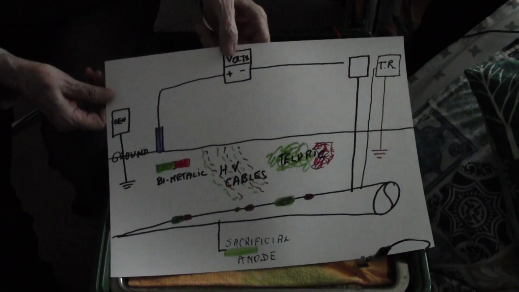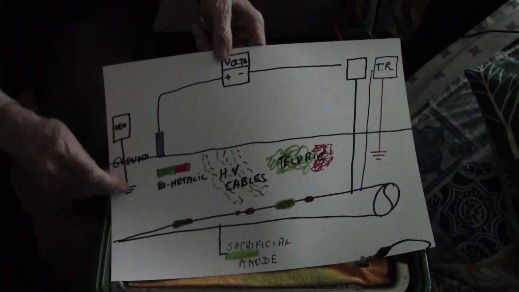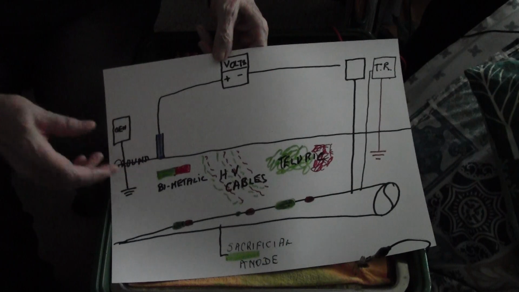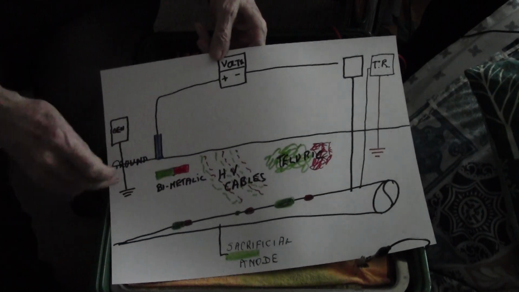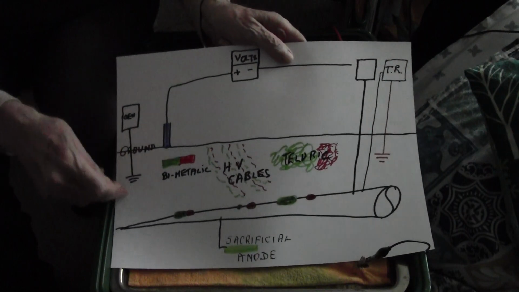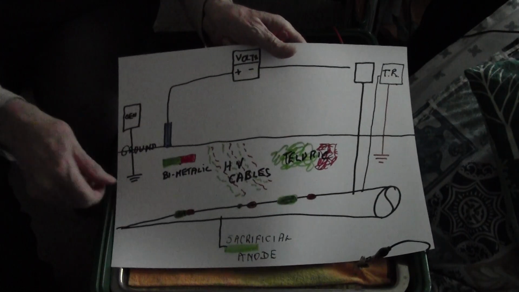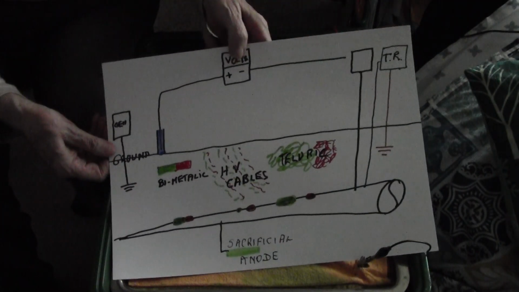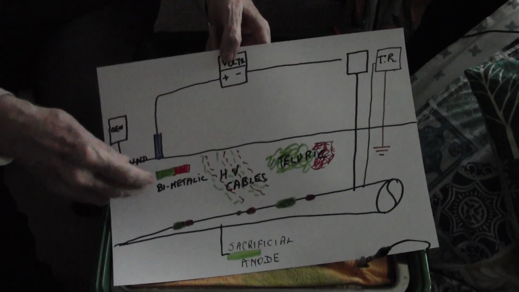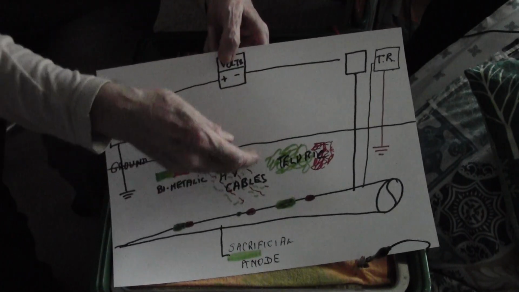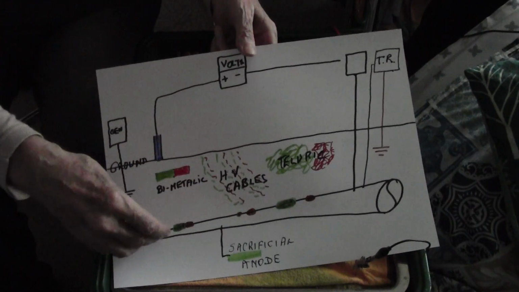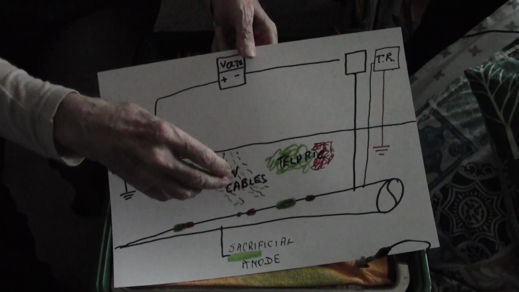Other things that can affect it include a generator which is not earthed properly. It is earthed off balance in its star. That will create either a negative or a positive effect in the ground around it. Also, high voltage cables running over the top will give AC voltages to the ground, not necessarily to the pipeline, but to the ground itself.